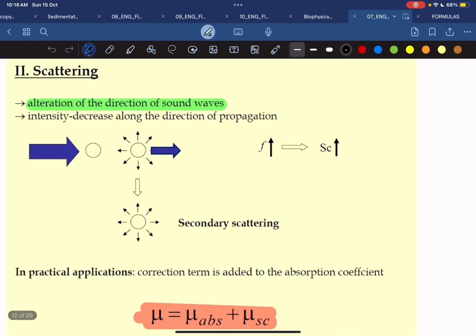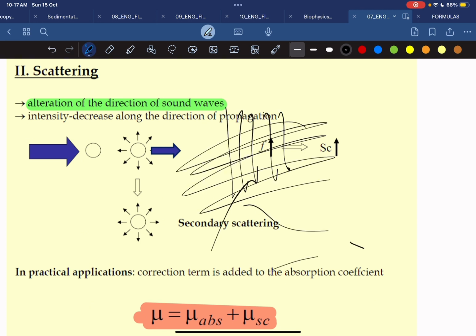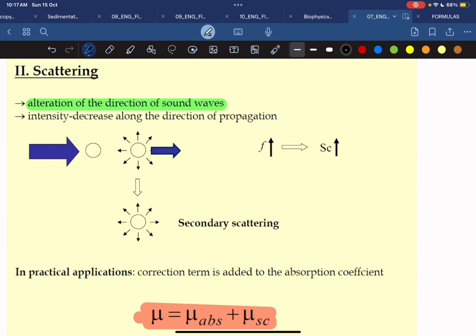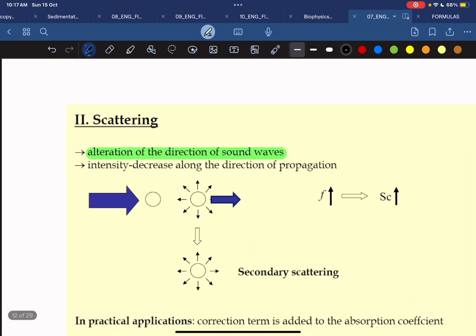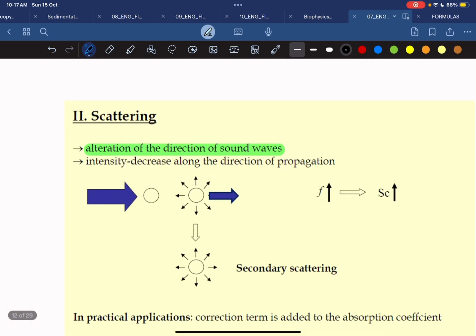Scattering. Now, while some sound is absorbed, some sound is also scattered. Some of the sound is absorbed in the medium, some of it is scattered all across. That is normal. Now, the mu is the absorption coefficient. This doesn't really have a formula as such, but it is basically just an alteration of the direction of sound waves.